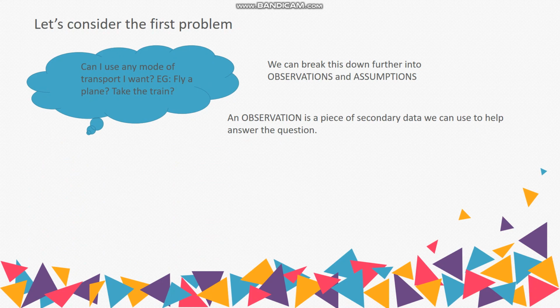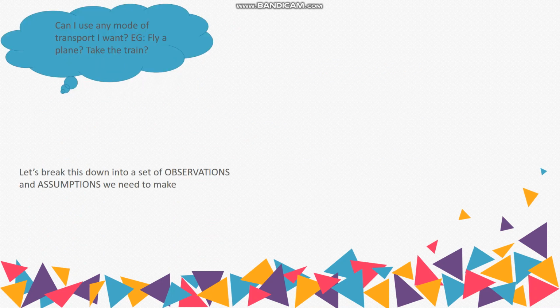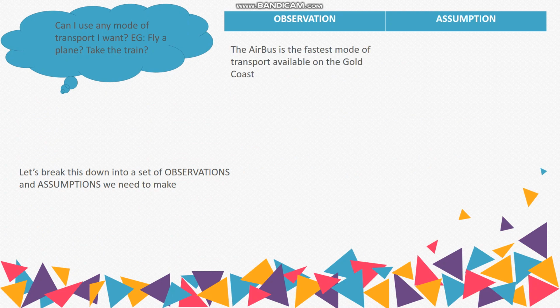So an observation in this situation might be, I'm just skipping here to the part I need, an observation. I might be able to go online and do some research, and I discover that an Airbus, which is really a fancy word for a plane, is the fastest out of all the ways I can get to the Q1.